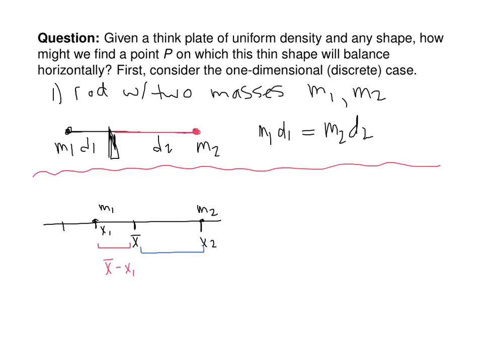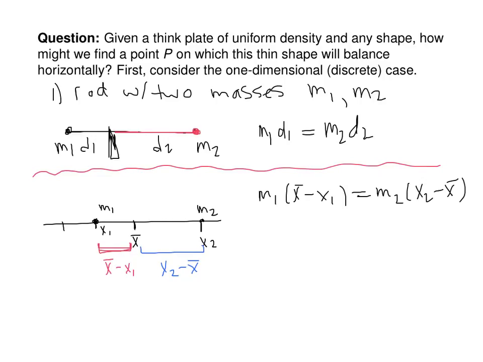This distance here is x2 minus x bar. Using the law of the lever, we have that this red distance times mass 1, so m1 times x bar minus x1 must equal m2 times x2 minus x bar.